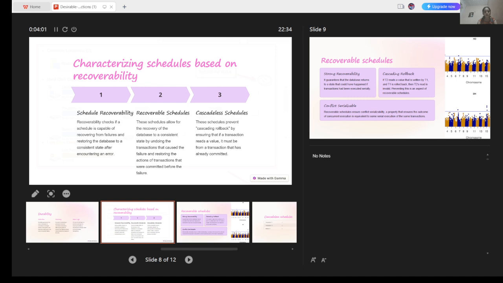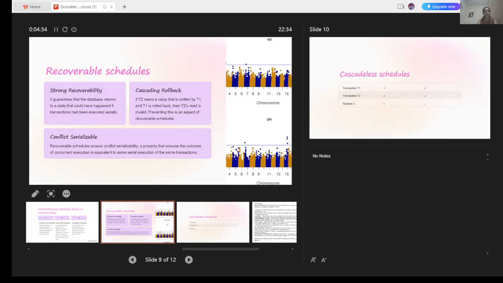Recoverable schedules allow for the recovery of the database to a consistent state by undoing the transactions that caused the failure and restoring the actions of transactions that were made before the failure. Cascadeless schedules prevent cascading rollback by ensuring that if a transaction reads a value, it must be from a transaction that has already committed.